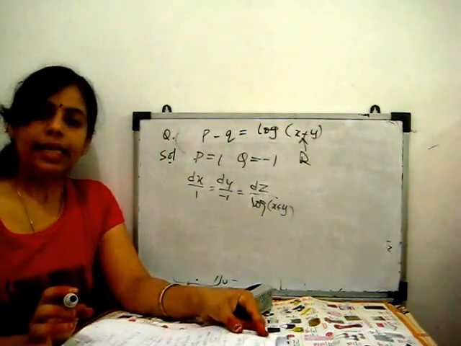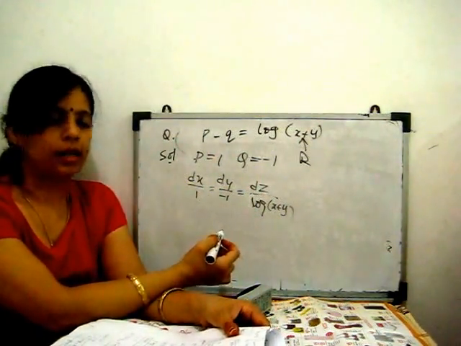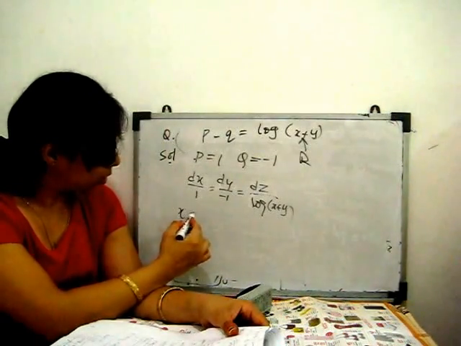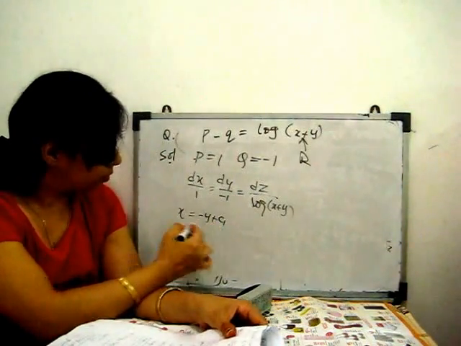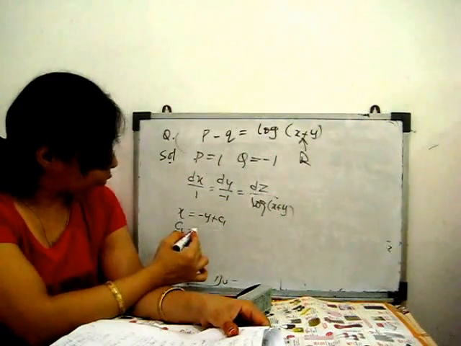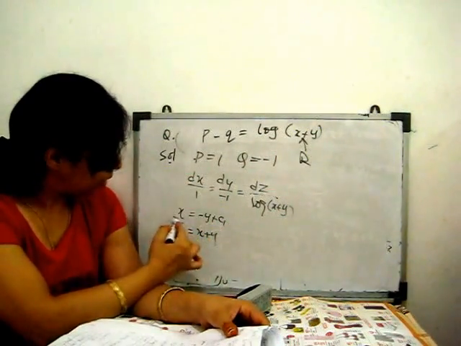Clear? In this case, from first and second, we will get one constant: x = -y + c1. So we can say c1 is equal to x + y.